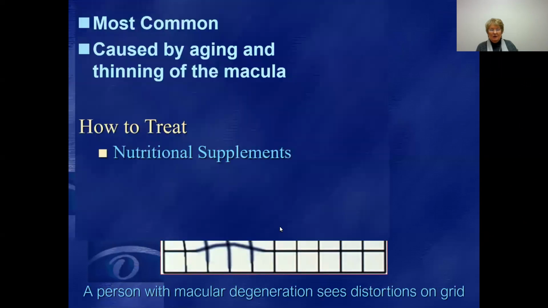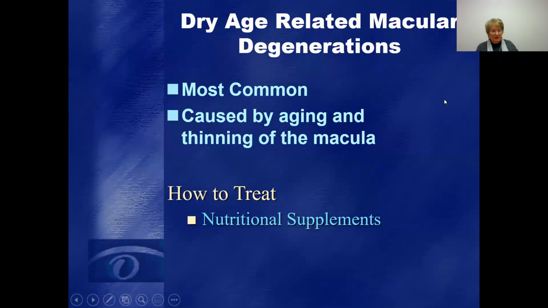It is the most common, and probably 90% of patients that have macular degeneration have the dry. It's just caused by aging and thinning of the retina, which, as I said, is normal, especially as we get maybe older than 60. And how do we treat it? Well, we treat it with nutritional supplements.